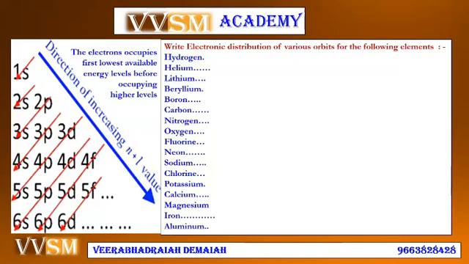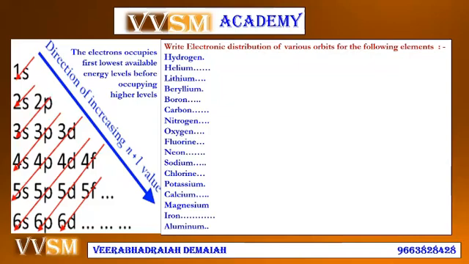Using the Aufbau principle, please write down the distribution of electrons, which is nothing but the electronic configuration, for hydrogen, helium, lithium, beryllium, boron, carbon, nitrogen, oxygen, fluorine, neon. Up to that, you can consider increasing order systematically: hydrogen 1, helium 2, lithium 3, beryllium 4, 5, 6, 7, 8, 9, 10.